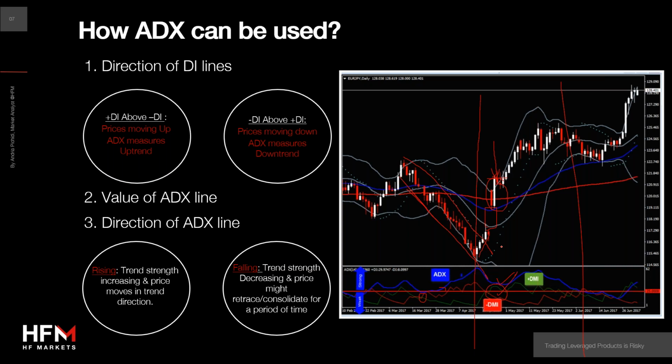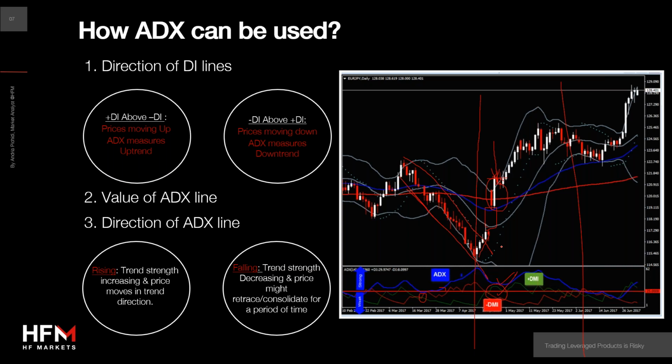Okay, so if our green DMI is above the red DMI, with the price of the asset moving higher and the ADX sustaining above 25 or even rising above 25, then that means that we have a strong uptrend.